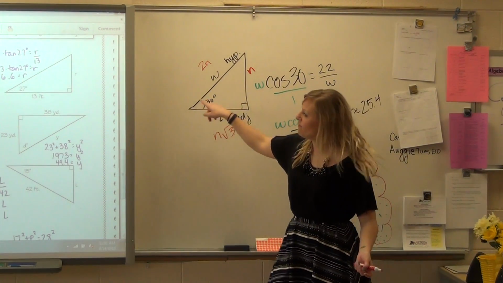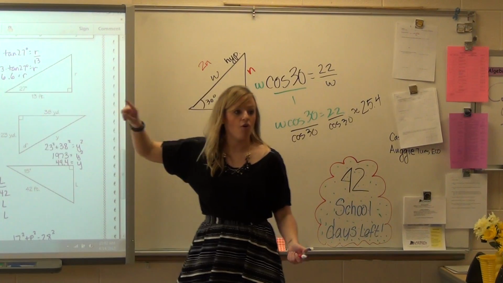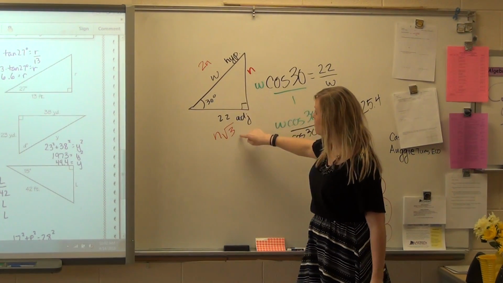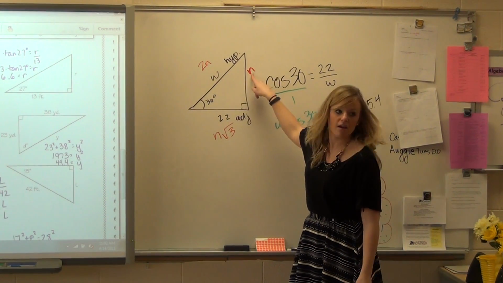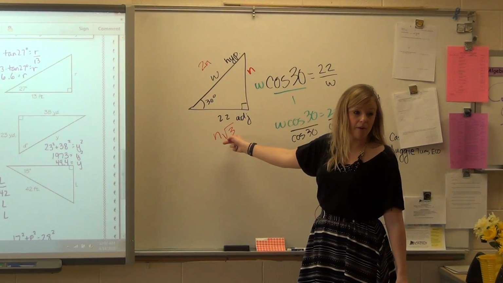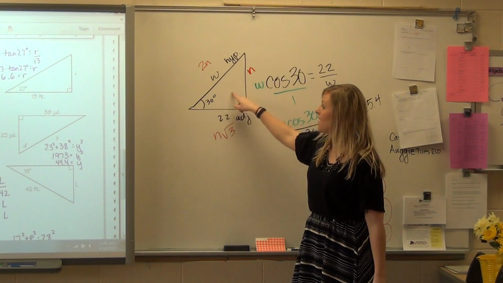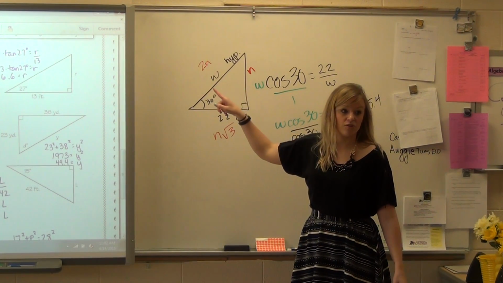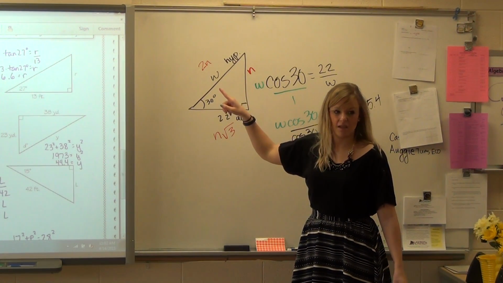I gave you the angle measure 30, right? So n is the smallest of these three values, right? Because here I take n and double it, and here I take n and multiply it by the square root of 3, right? So n is the smallest side, and that has to be across from the smallest angle. Does that make sense? Okay.